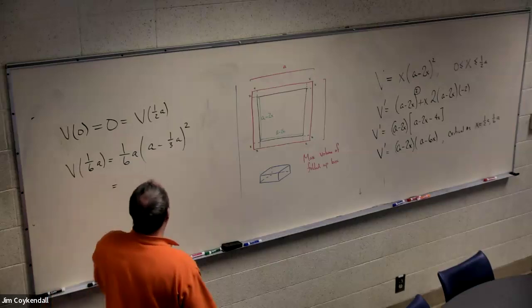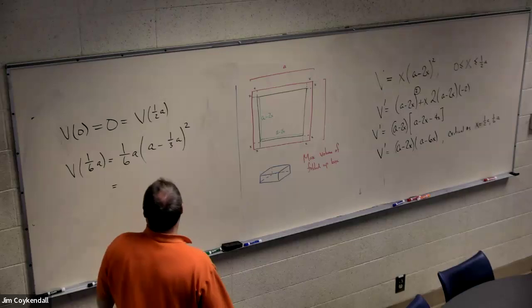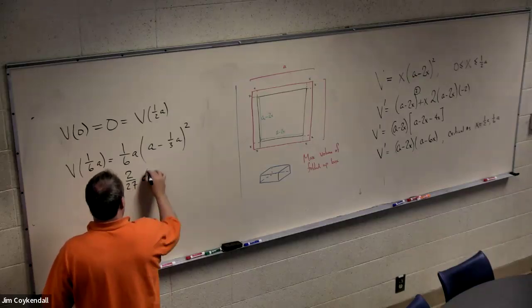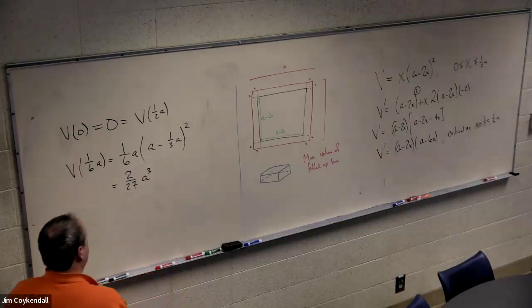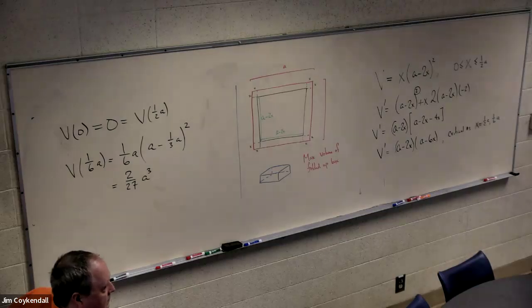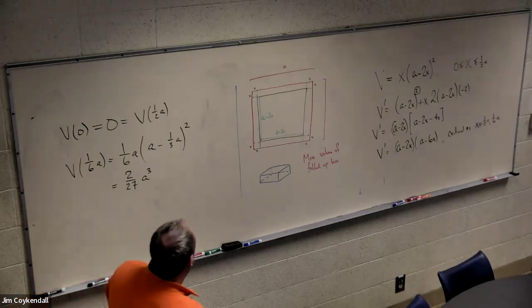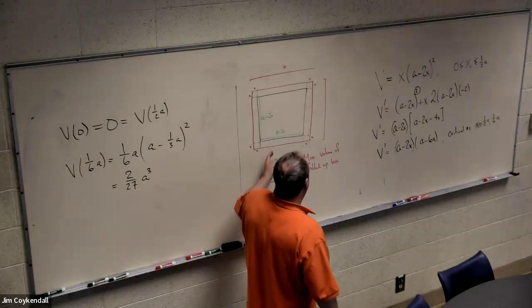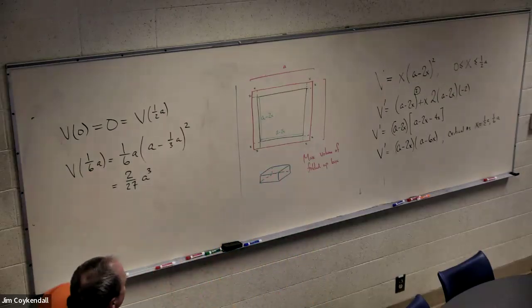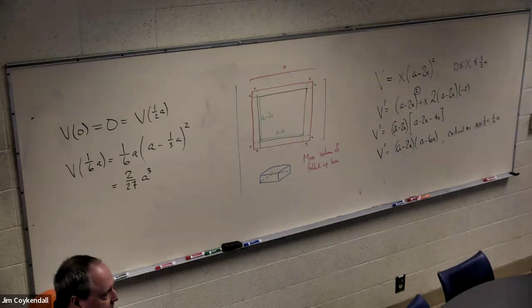So that is going to be 4/9 times 1/6, which is 2/27 A cubed. That's the maximum volume, and you get it by making the cuts basically 1/6. Any questions? Okay. Others?